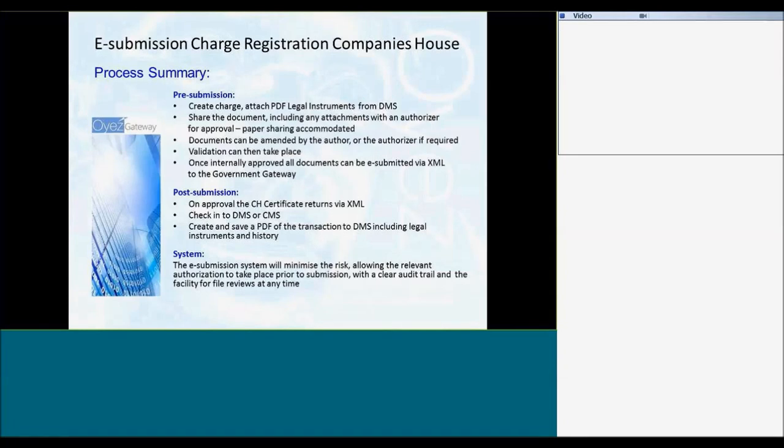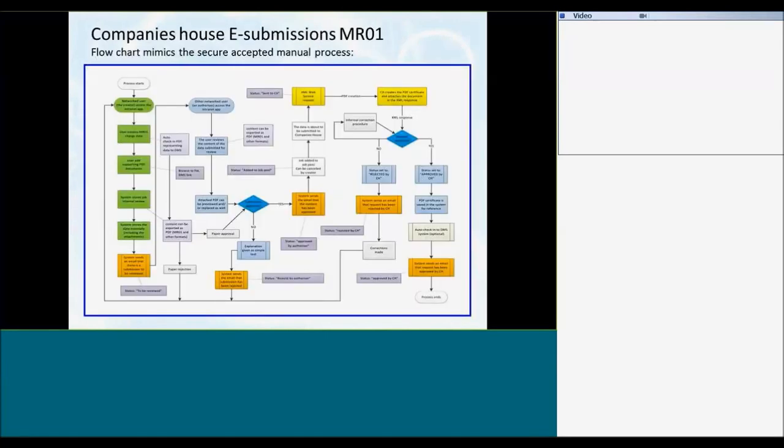Just to give you a feel for what e-submissions can do for you, if we go on to here, you can see the flow diagram that we originally made. Don't try and read all of it. I'm sure you'll have difficulties, but it's actually a chart which mimics the secure accepted manual process, and further to that, also additional risk management features.